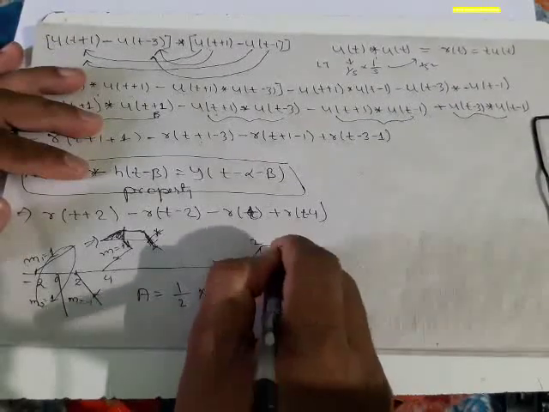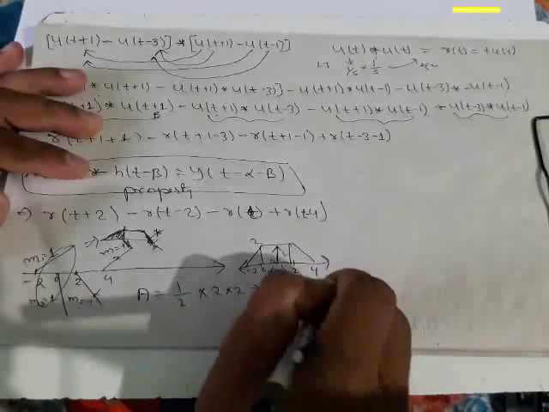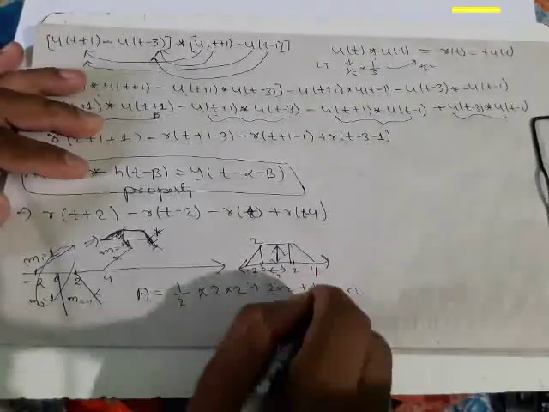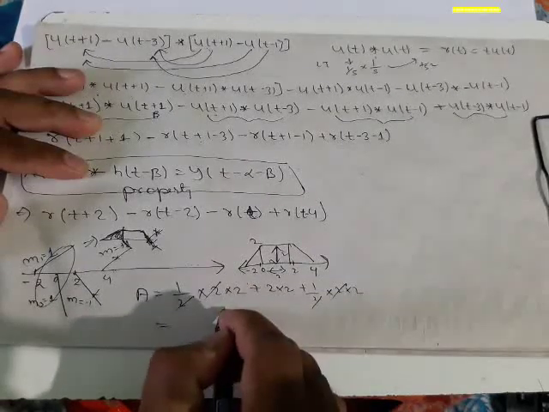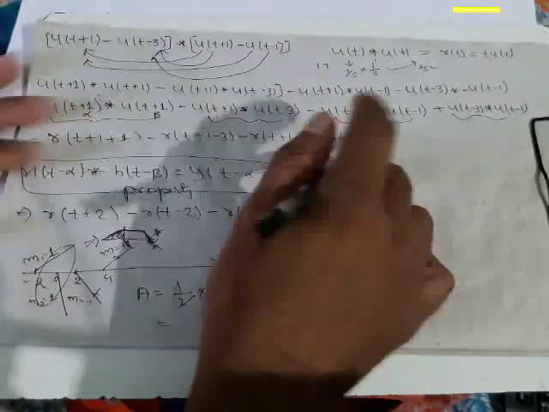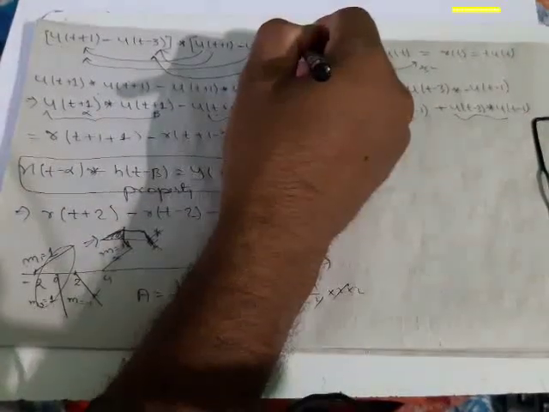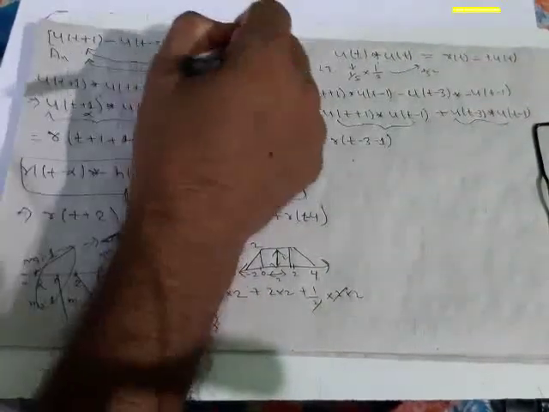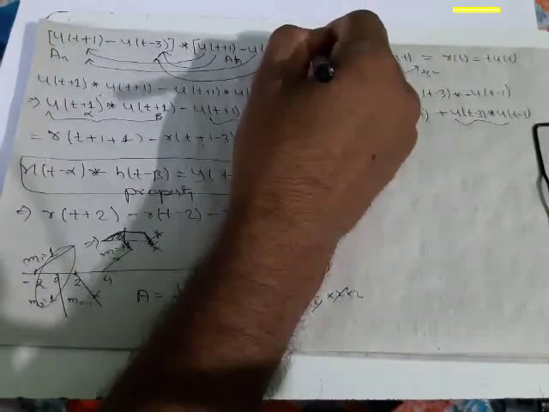This 1 by 2 minus 1, that is minus 1 by 2, and the upper limit is 3 by 2 plus 1, that is nothing but 5 by 2. Okay, we can calculate the area of this one.